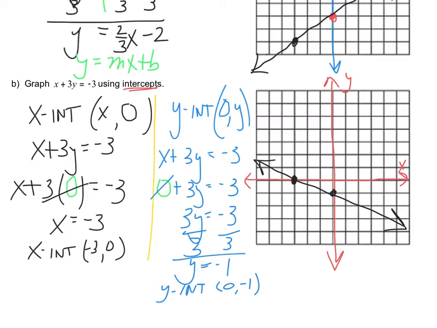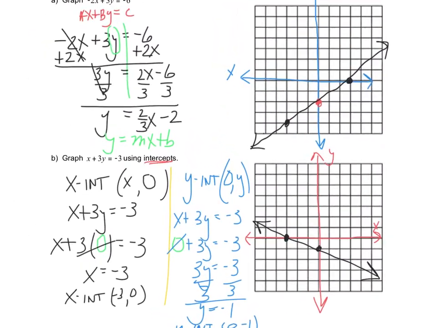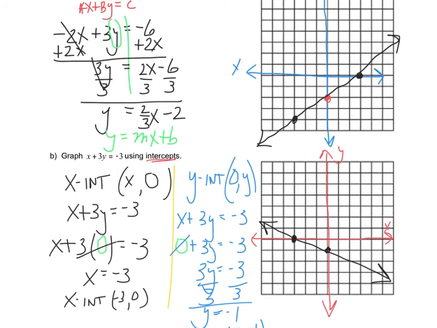there is my graph. Now I will say, one of the things about the two different types that we just looked at, to me, using the y-intercept and x-intercept is a faster way because you only have to find 2 points. The negative is this: I don't really know by looking at this. Like, I know this is a negative slope, but notice that we don't ever see a slope anywhere in this. So it's kind of hard for me to finish and know that I did it right.